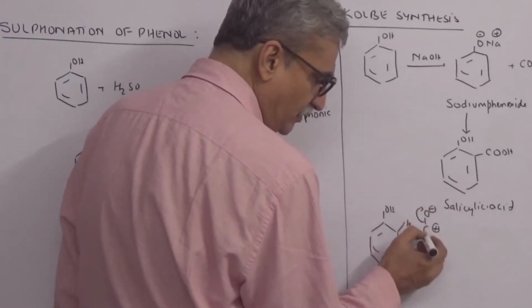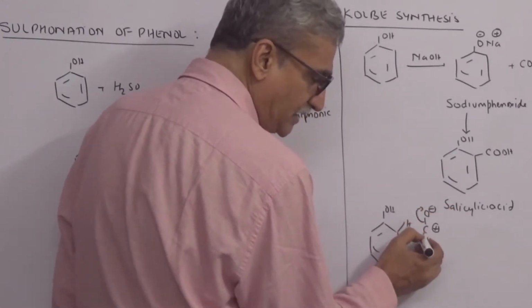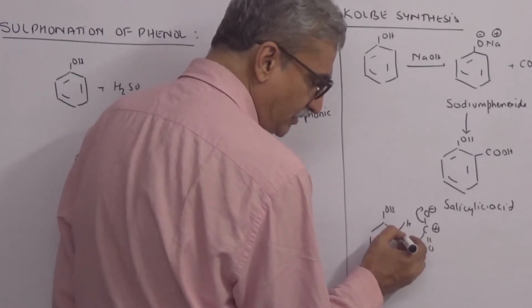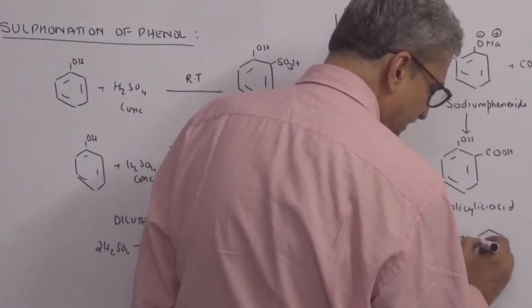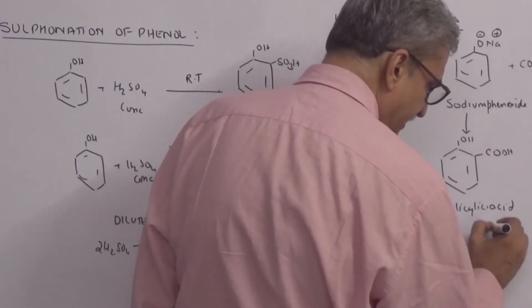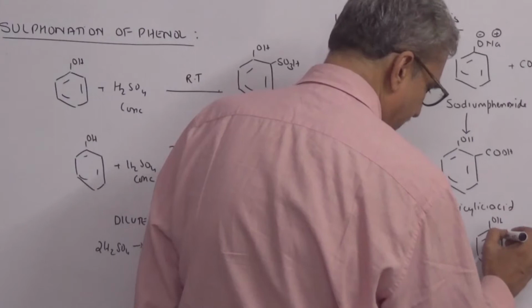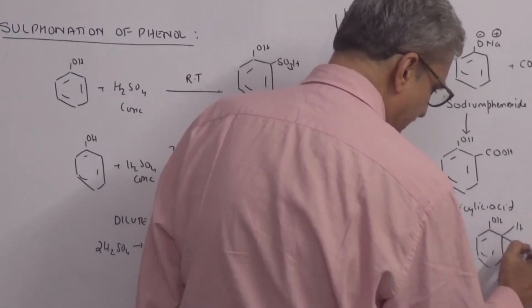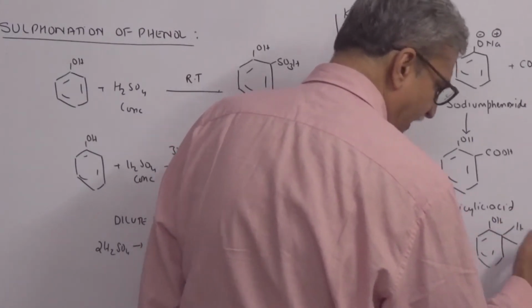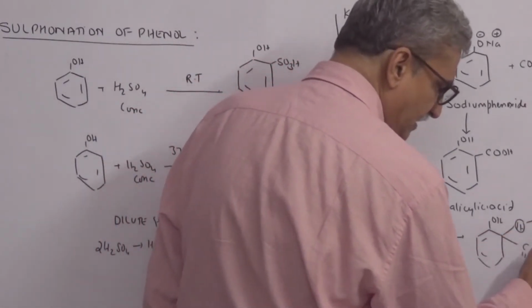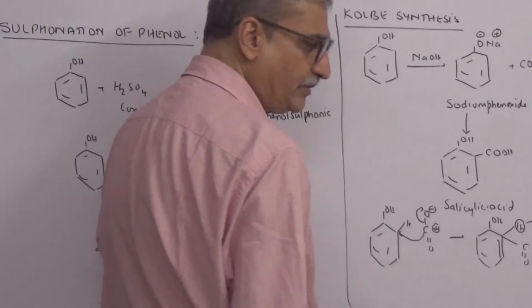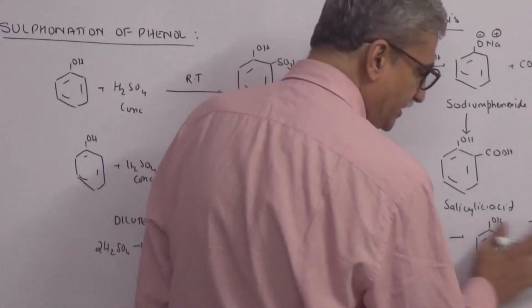The positively charged carbon is going to attack over here, and you get this intermediate with an H and a COO-. Then this H+ will come over here, the double bond will be restored, and that is how you get salicylic acid.